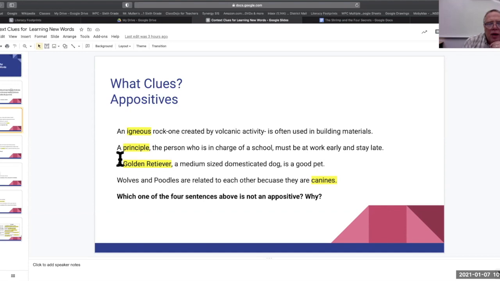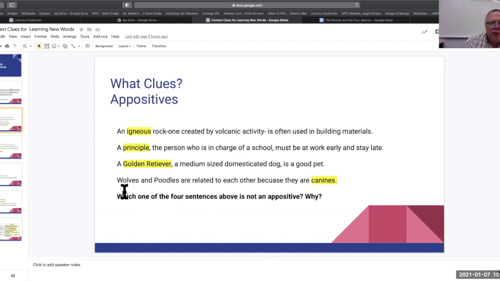So here, a principal, the person who's in charge of a school, must be at work early and stay late. Do you see the person who's in charge of a school? It defines the word principal. So whenever you come onto a word and you see an appositive, you can know that it's being defined. A golden retriever, a medium-sized domesticated dog, is a good pet.